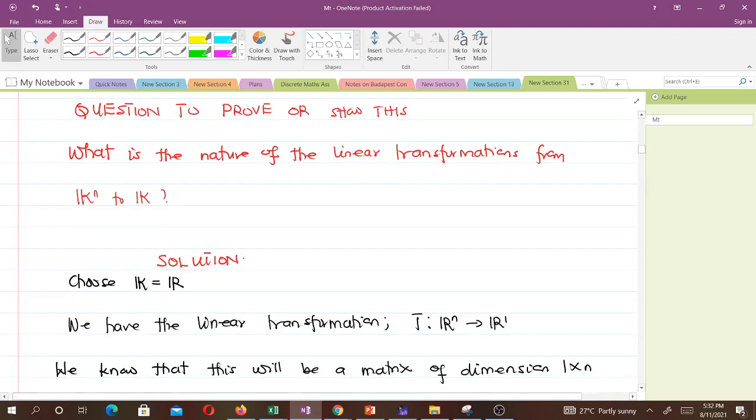So K is any field, right? So for the purpose of our proof, we can choose K to be R, the set of real numbers. Okay, so we have the linear transformation T such that this is our domain. So our domain is Rn, and this is our range.